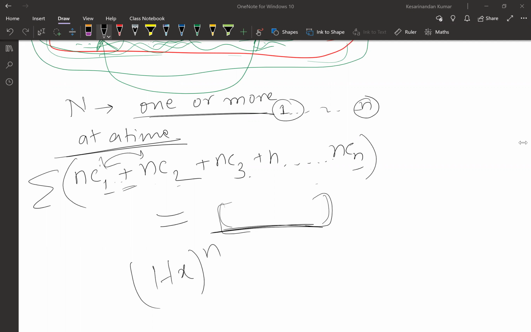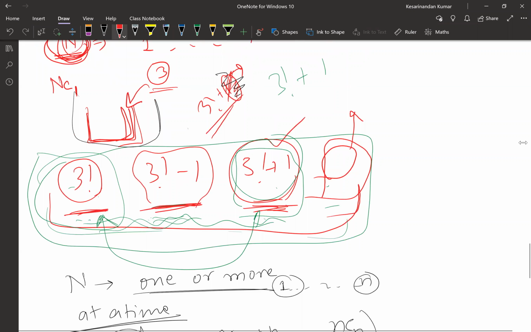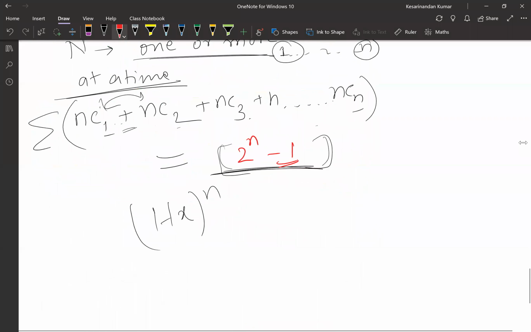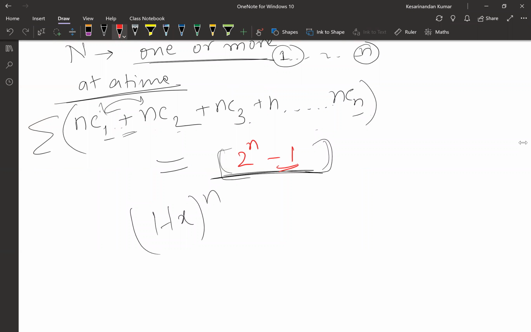Okay, all right. Guys, the answer here is 2 raised to n minus 1. Why minus 1? Because we are not taking the empty case, since we start with 1. And Spandana, what you were telling, 1 plus x raised to n is equal to nC0 plus nC1 x and so on, up to nCn x raised to n.